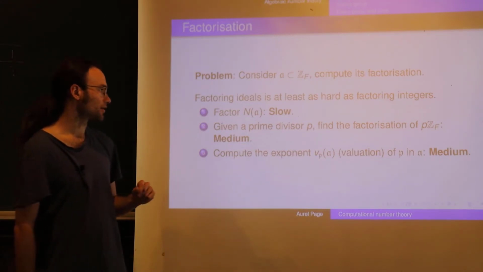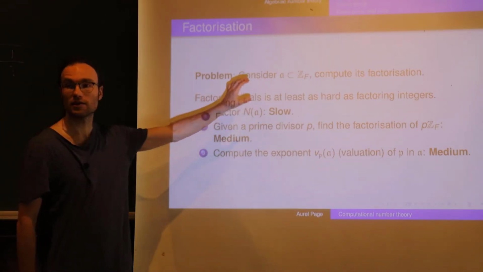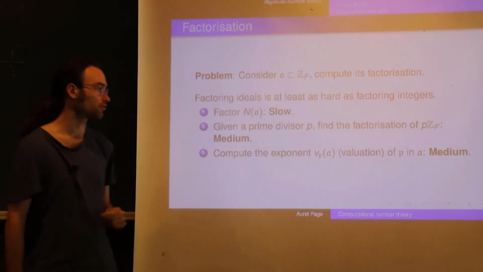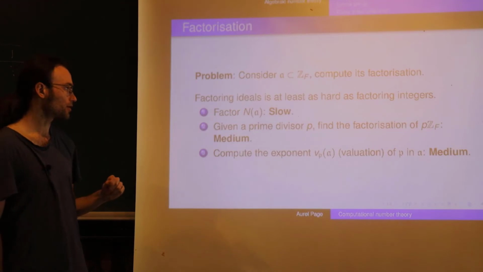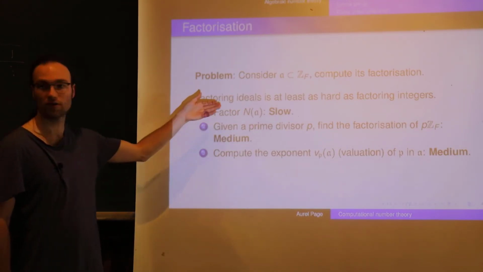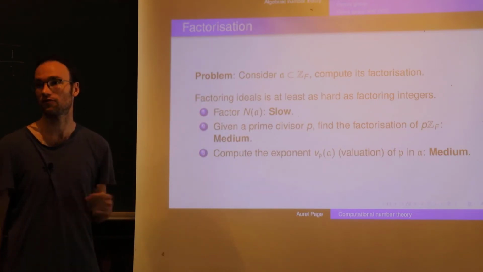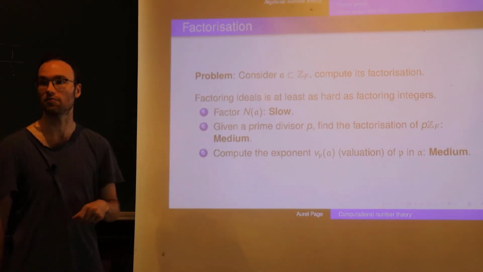So again, the theoretical bottleneck is factorization of integers, because this we don't know how to do in polynomial time. But it depends a lot on your situation, depending how your ideal appeared. Maybe the norm is actually easy to factor, and then everything can be done in polynomial time.